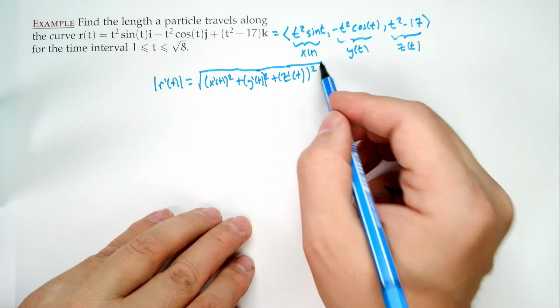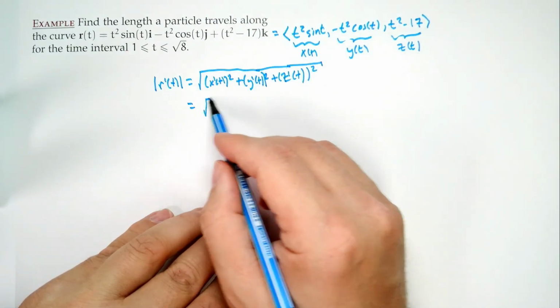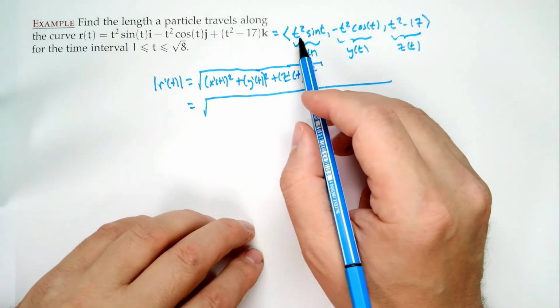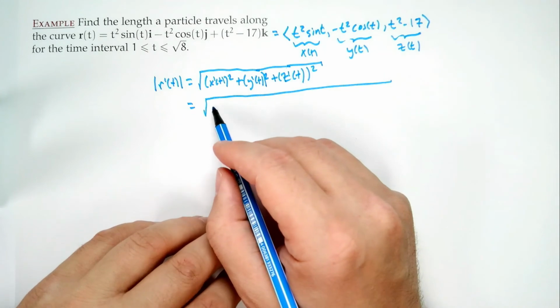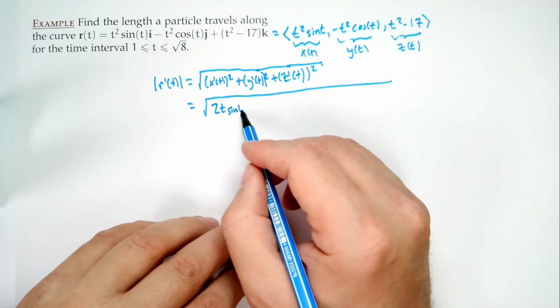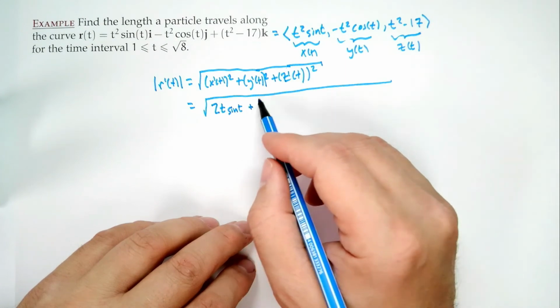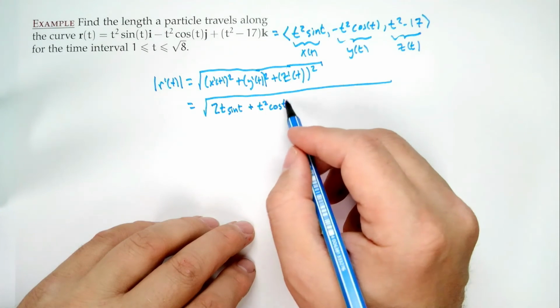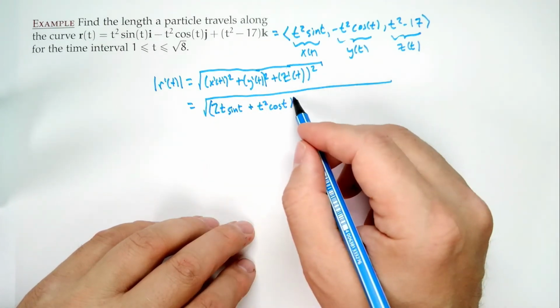All right. Square root of x prime, product rule. All right, the derivative of t squared sine t, that'll be the derivative of the first, 2t times sine t, plus t squared times the derivative of sine, which is cosine. And then we're going to square that.